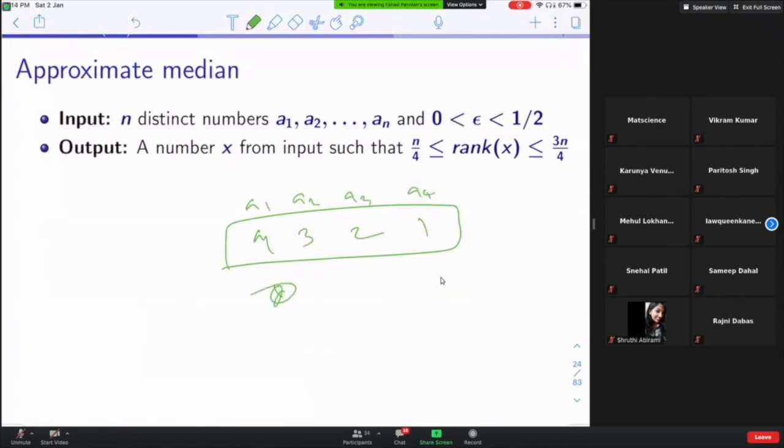The rank 1 element is 1, the rank 2 element is 2. Or if I put a 0 here, then the rank 1 element is 0, rank 2 element is 1, rank 3 element is 2. So when you sort, which comes in the ith location? That is the rank i element.